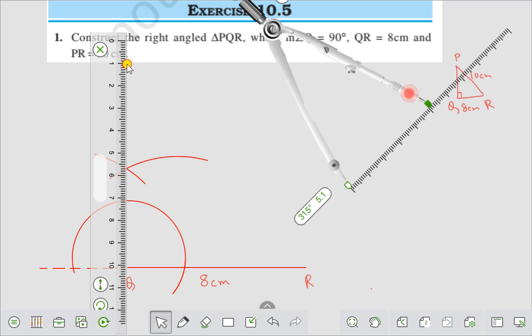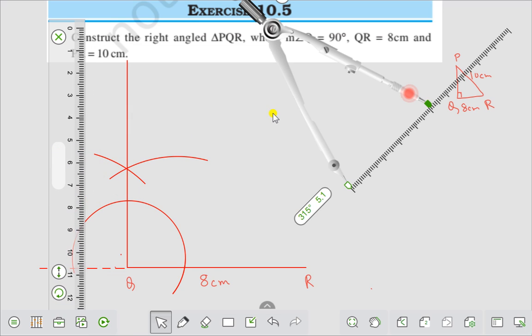Now draw a line. This is 90 degrees at the point Q, right?